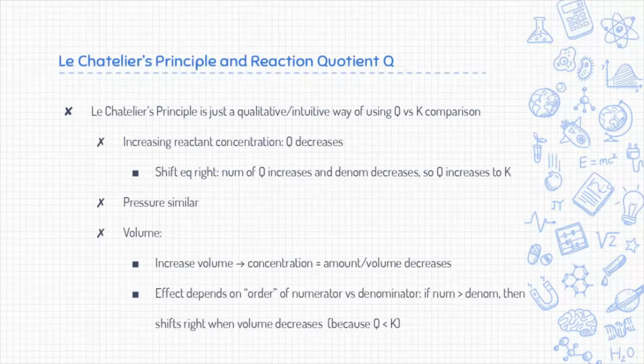If the order of the numerator is less than the order of the denominator, then the reaction is going to have to shift left because Q would be greater than K. By order I mean the number of moles. So if we had 1A plus 3B yields 3C plus 4D, the order of the products would be 3 plus 4, which is 7, and the order of the reactants would be 1 plus 3, which is 4. So the order of the numerator would be greater than the order of the denominator, and increasing the volume would mean you have to shift right.